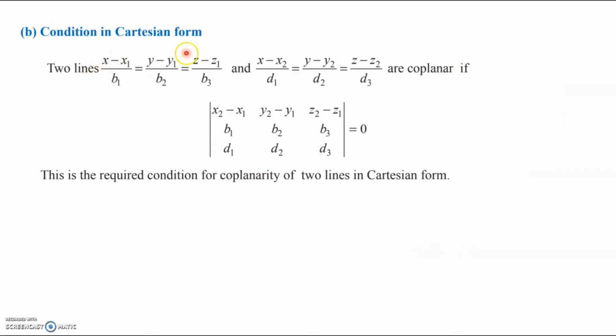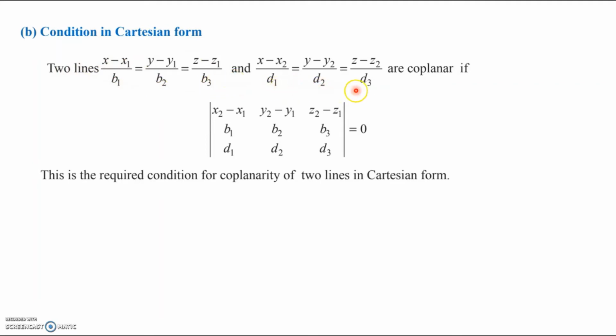So if the lines are in the Cartesian form, then let's say this is our line 1 and this is our line 2. They are coplanar if x2, which is a point on line 2, minus x1, which is the point on line 1. So that's your first row of the determinant: x2 minus x1, y2 minus y1, z2 minus z1. Then b1, b2, b3 are coefficients of a vector that is parallel to this line, or they are also the direction ratios.